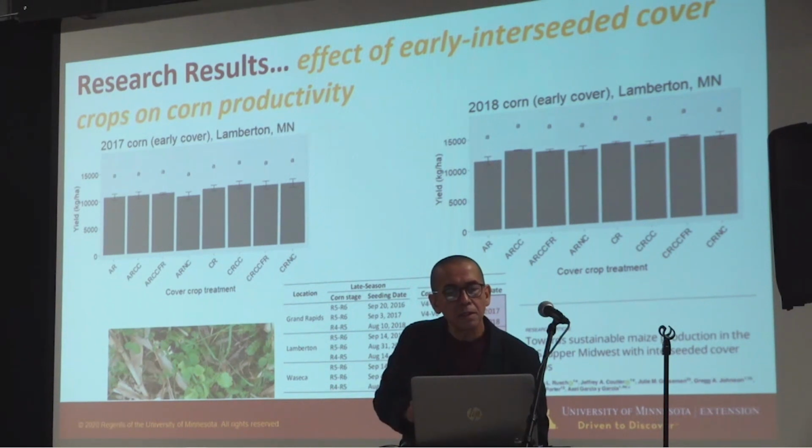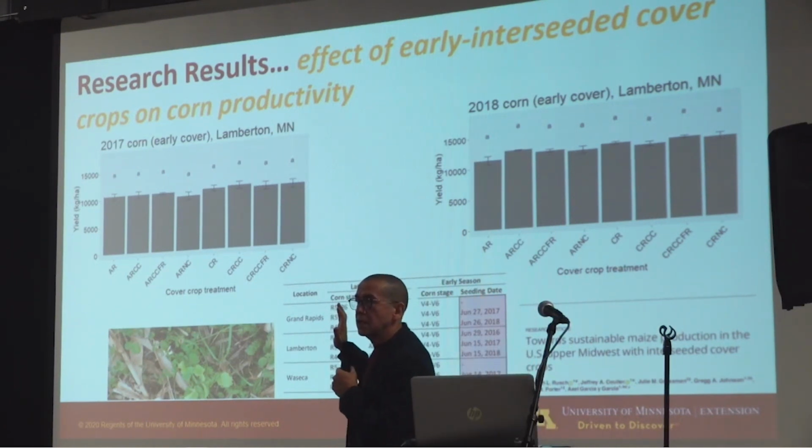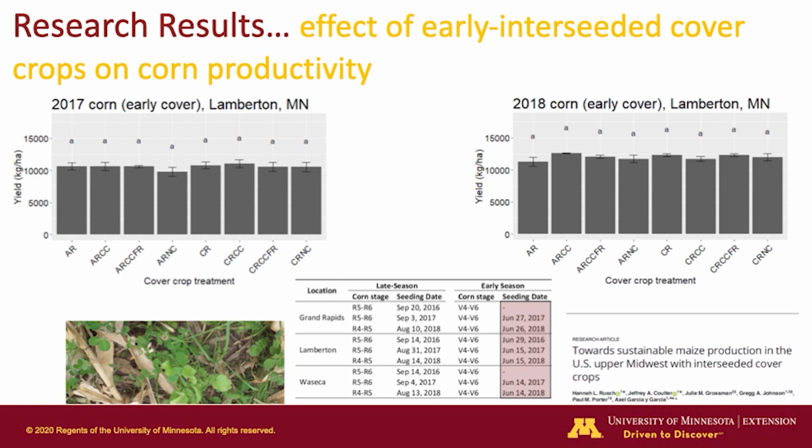Again, this is about early interseeding cover crops and corn productivity. This was the cover crop that was interseeded at the V4, V6 corn. And you can see again that there is no difference whatsoever. So you see here that, no matter how good you do in trying to use your cover crops, you are not going to have too much difference.